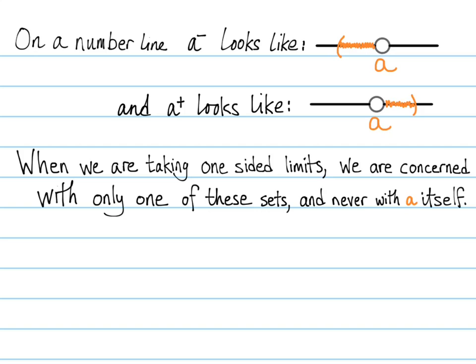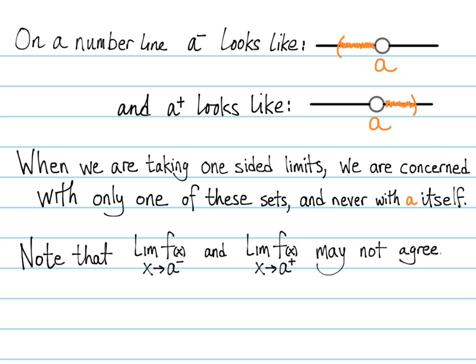And we're never concerned with a. We never ask ourselves, hey, what's happening at a? We're only asking ourselves what's happening near a, and only on one side. And it's totally possible that the limits on both sides don't agree. There's no reason to believe that the graph has to do the same thing on the left side of a as it does on the right side of a.